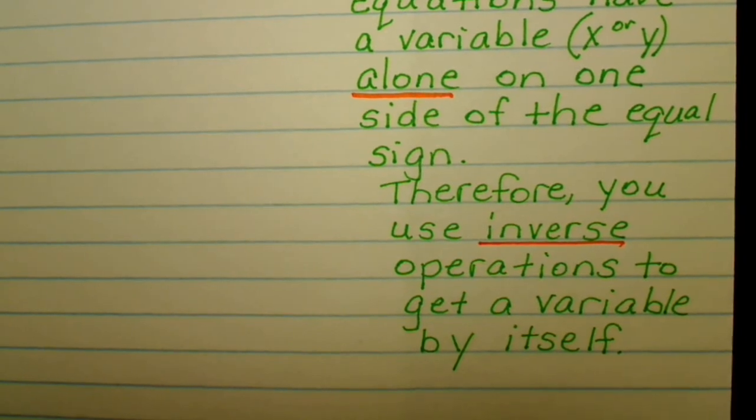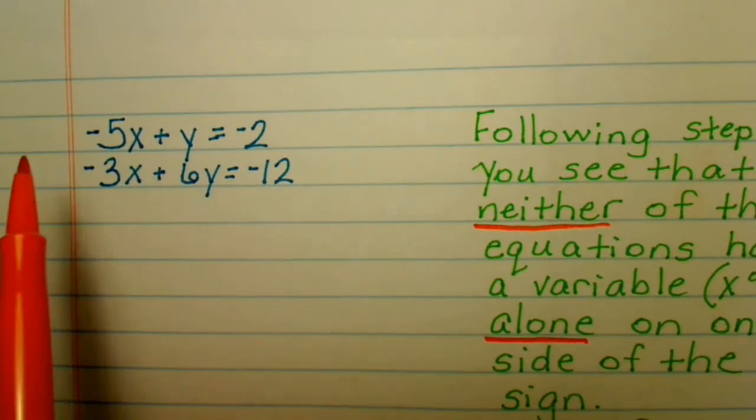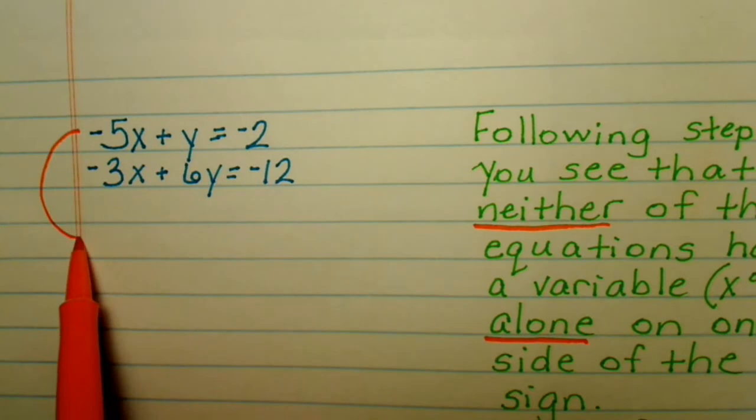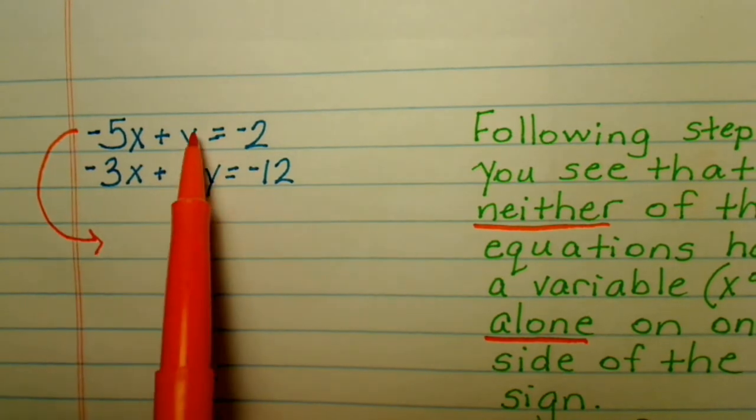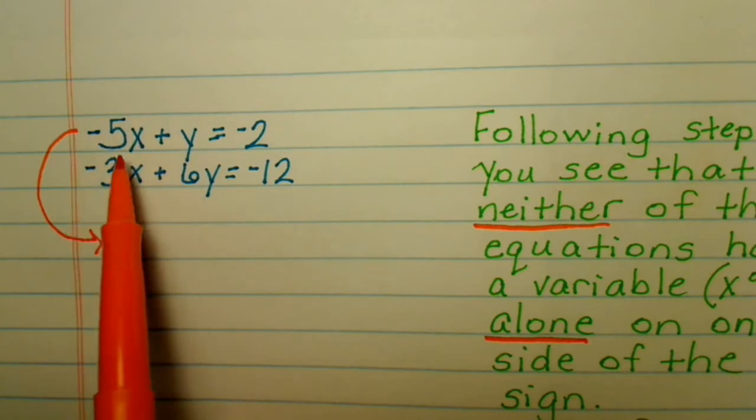Okay, so let's look back up at these equations and figure out which one would be better to get the y or the x by itself. And I think it would definitely be this one, because in this one, we already have the y right here by itself. We just have to move that.